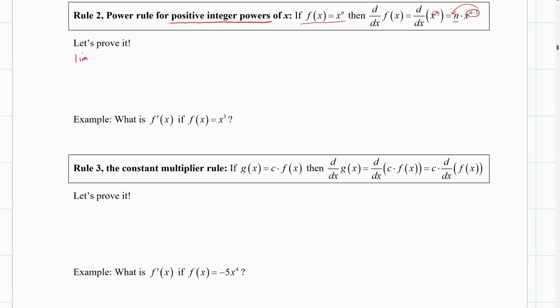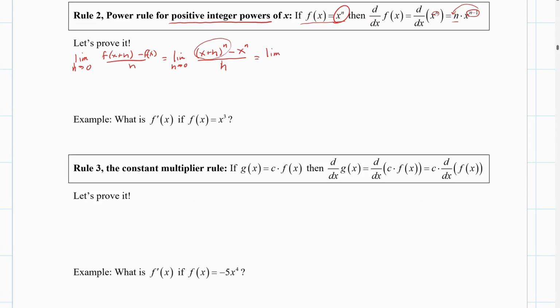So you start with the limit as h approaches 0, again, of f of x plus h minus f of x all over h. Good thing I memorized that. And again, our function is x to the nth. So when we put that function into our definition, we get x plus h to the nth minus x to the nth all over h. And you say, okay, what does that look like when we expand it?